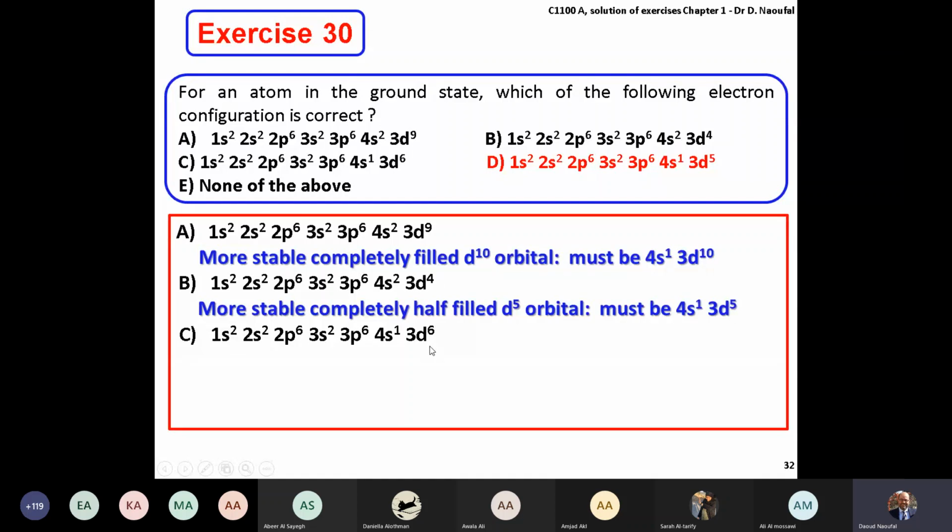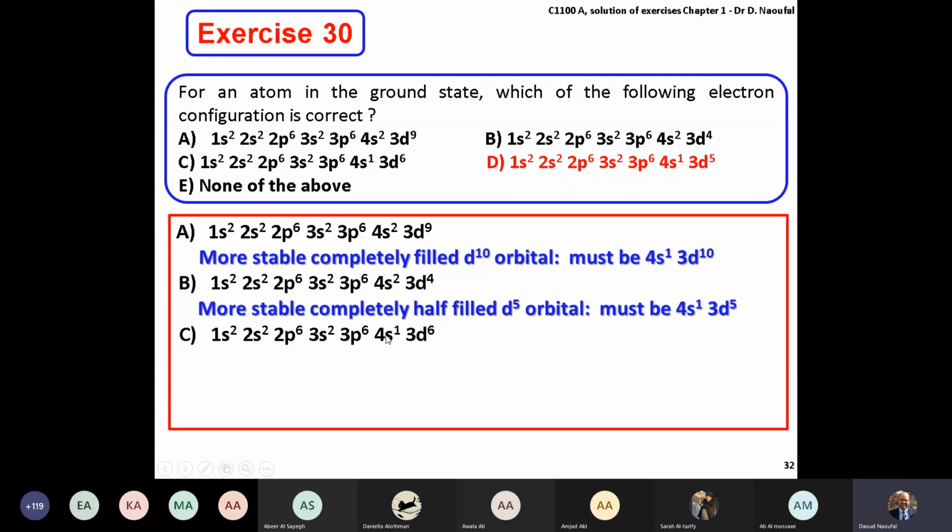According to the Aufbau rule, we cannot fill the 3d orbital if the 4s subshell has a vacant place. 4s1 should receive this electron.